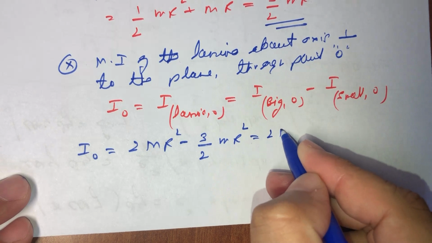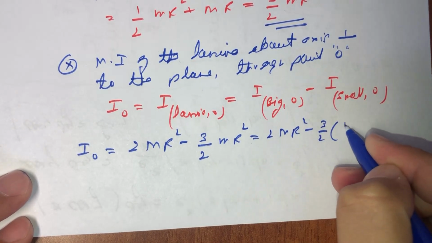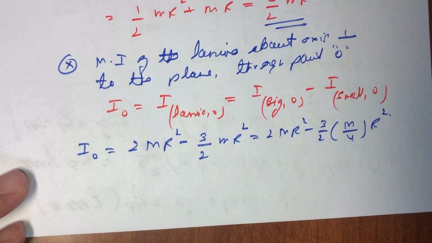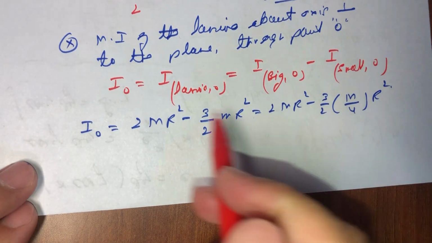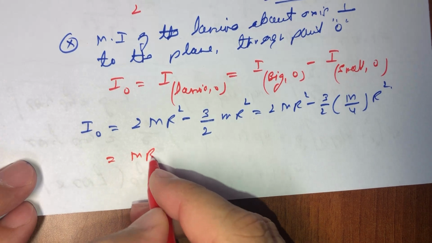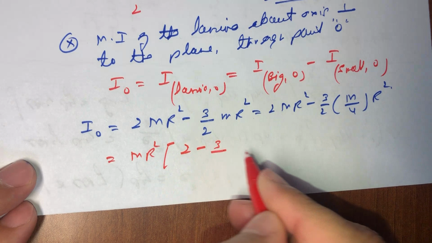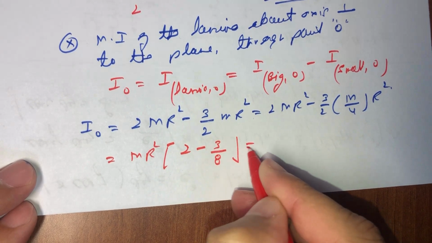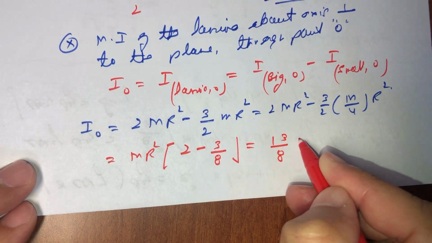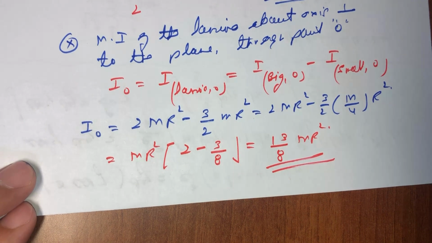We get 2MR square minus 3/2, this will be capital M divided by 4, and r square. So we can take MR square as common. This will be 2 minus 3 by 8. So we get this as 13 by 8 MR square. So we got the value of I naught.